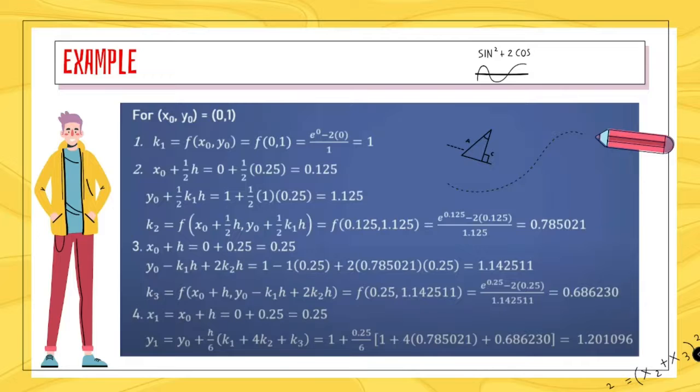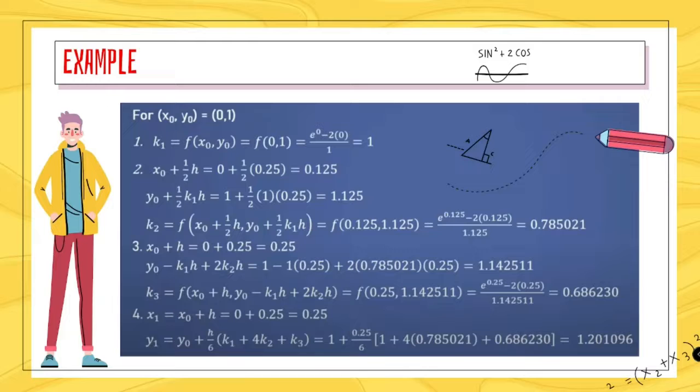Step 3 is solve for k sub 3. X sub 0 plus h equals 0 plus 0.25 equals 0.25. Y sub 0 minus k sub 1 h plus 2 times k sub 2 times h equals 1 minus 1 times 0.25 plus 2 times 0.785021 times 0.25 equals 1.142511.